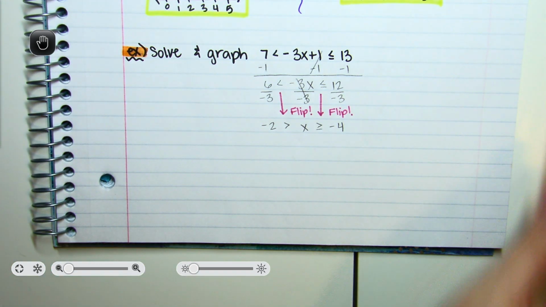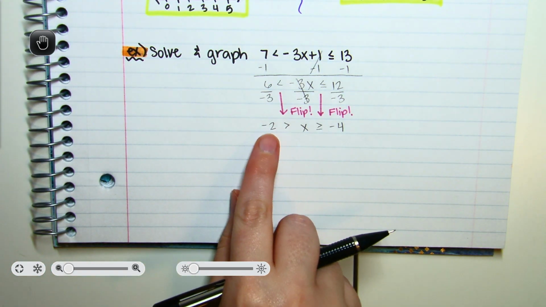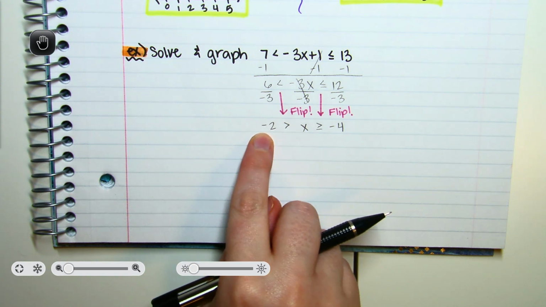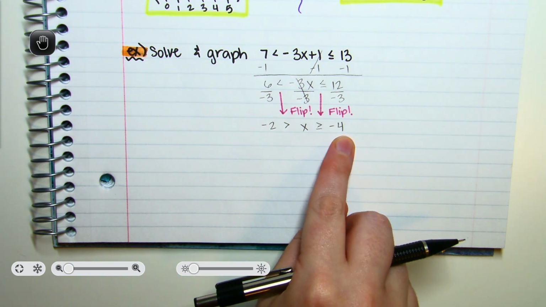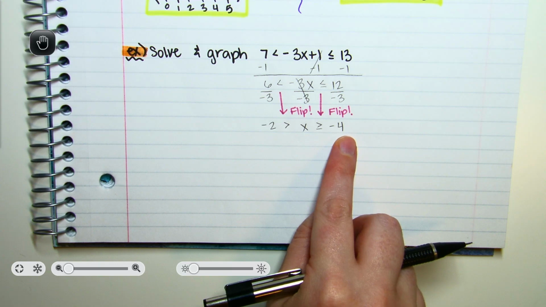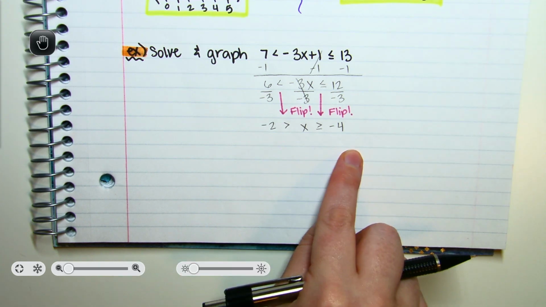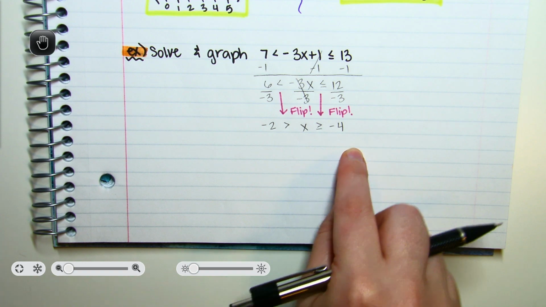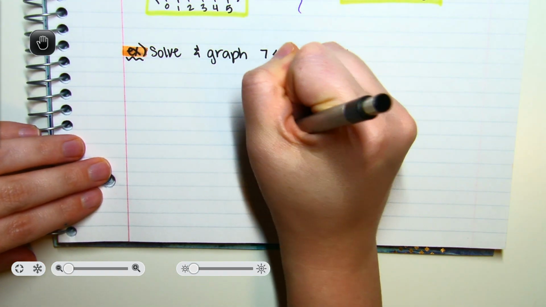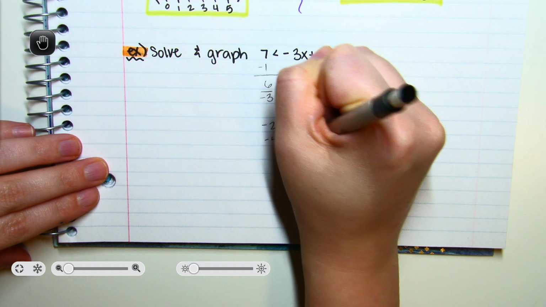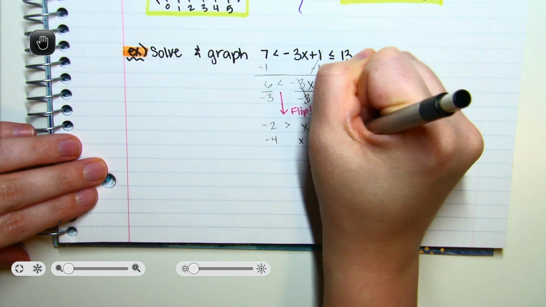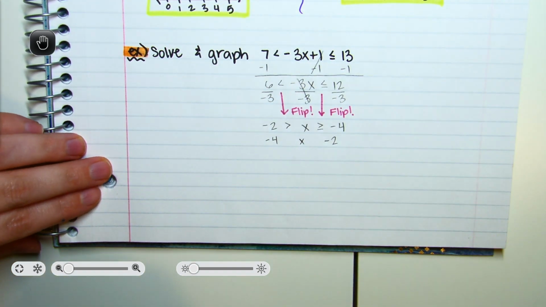Now, writing the answer like this, notice -2 is on the left, -4 is on the right. We want this to be written so that it's in order from left to right, smallest to biggest. Right now, it's not. So I need to rewrite this with the -4 on the left, x stays in the middle, -2 on the right. But I need to make sure my inequalities stay going the correct direction.